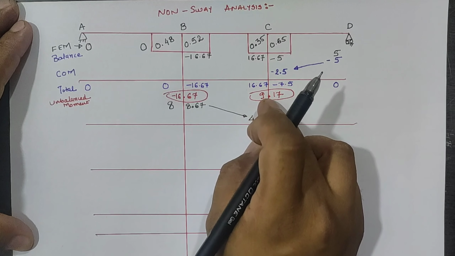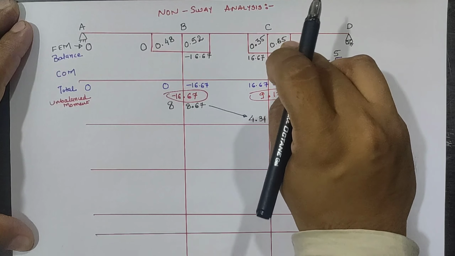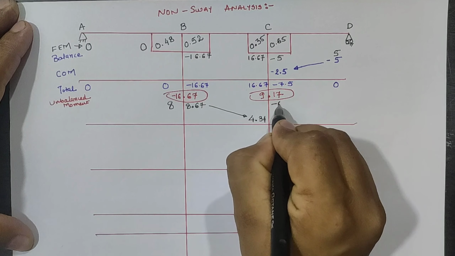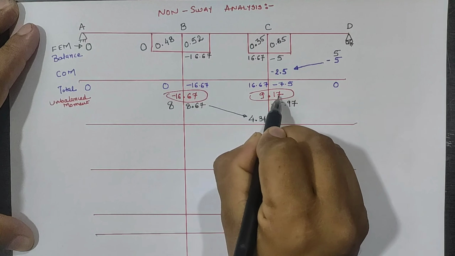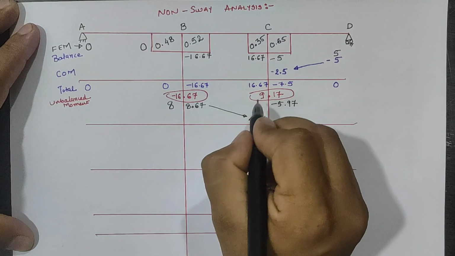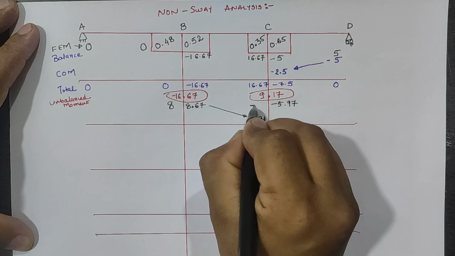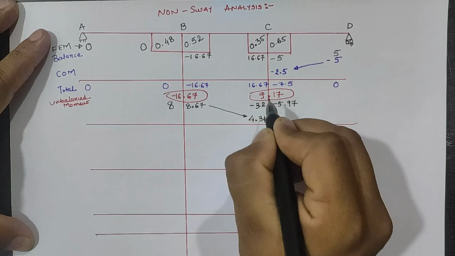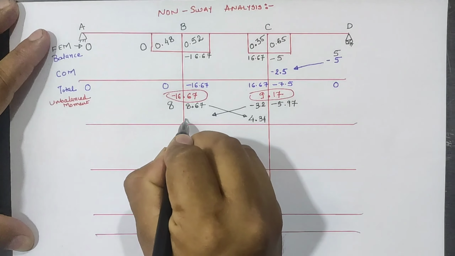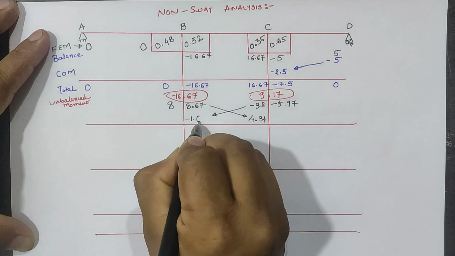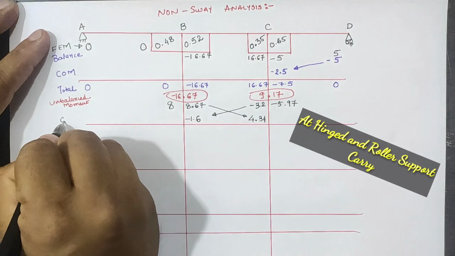So minus 9.17 into 0.65 is equal to minus 5.97, and minus 9.17 into 0.35 is minus 3.2, which is carried over to the near support as half of 3.2, which is equal to 1.6.